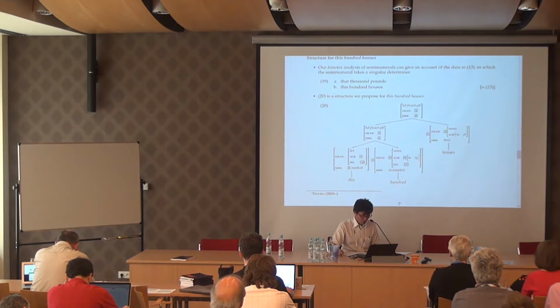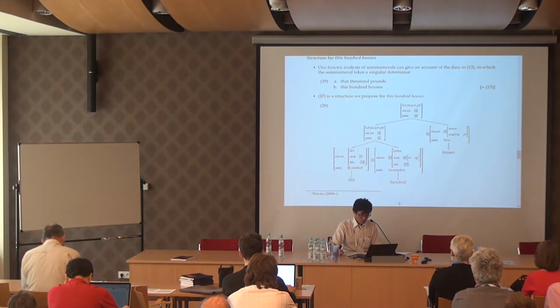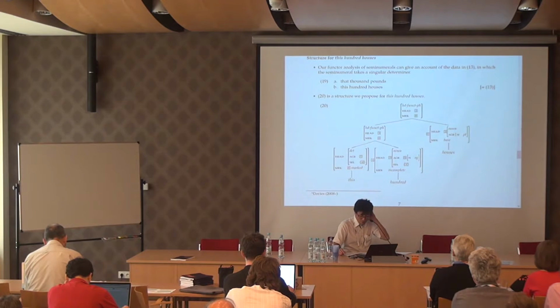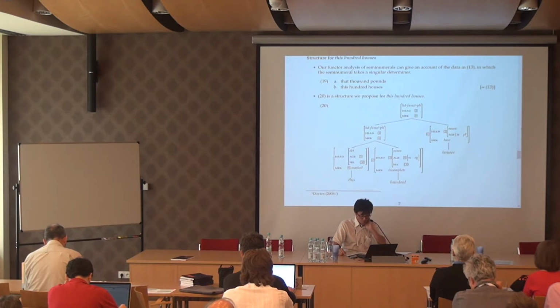The select value of 100 is inherited to the mother node via the head feature. The resulting phrase, this 100, combines with the head noun, houses, to form another head functor phrase. Again, the noun is the head of the whole phrase, and it accounts for the subject-verb agreement.